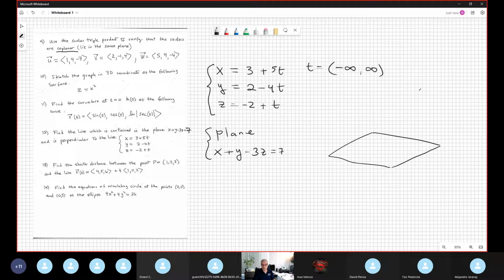Okay, there you go. So this is a plane, hypothetically. This is a line. Suppose that it's secant. Okay, and my goal is to find the equation of another line. Let me use another color, containing in the plane. Containing is an important word. And perpendicular, 90 degrees. Clear? Clear the idea?